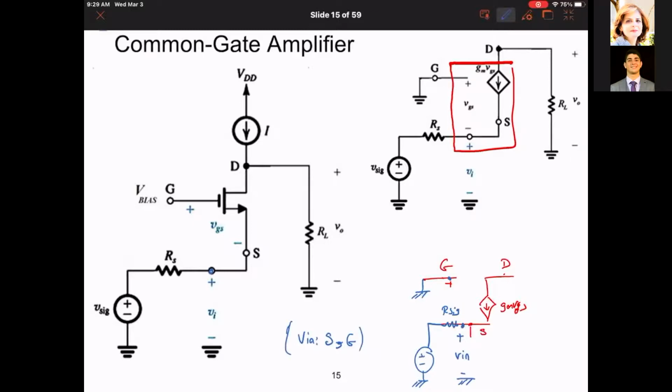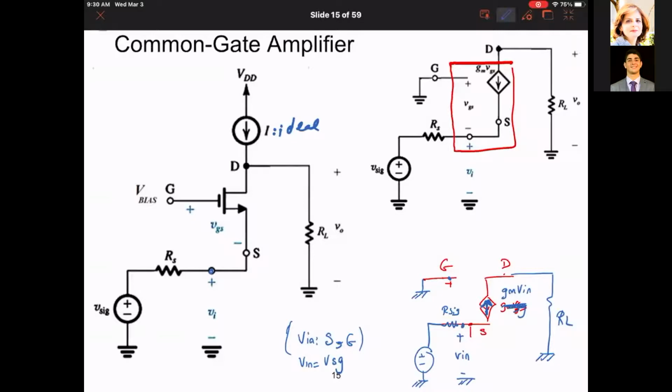And then at the drain node, if we consider this to be ideal, I have my RL connected. Okay, so Vn is equal to what? It's equal to VSG. If it is equal to GMVGS, I might as well say that this current is going up and is equal to GMVSG, which is really GM times Vn.